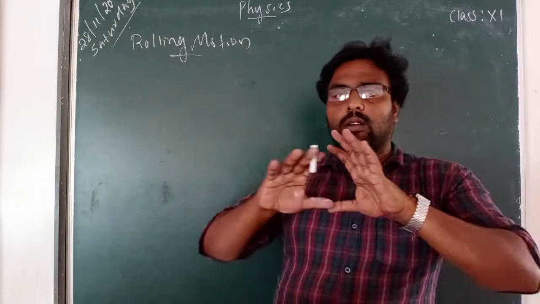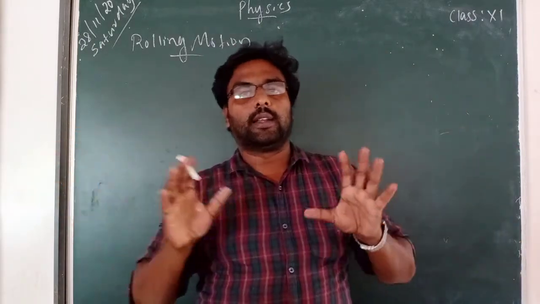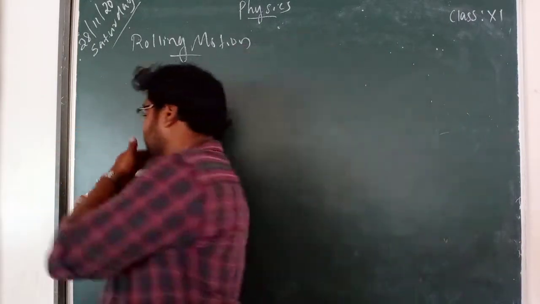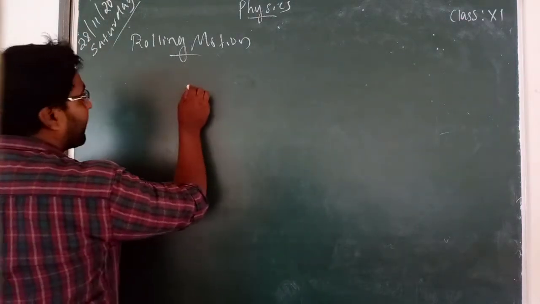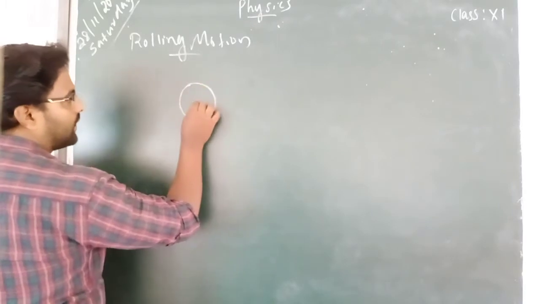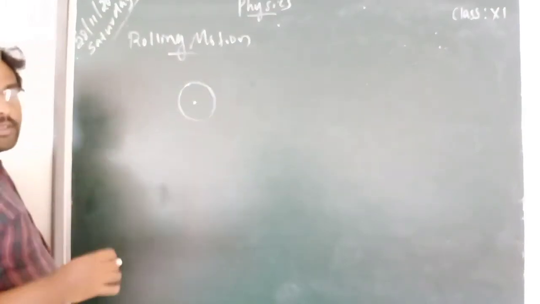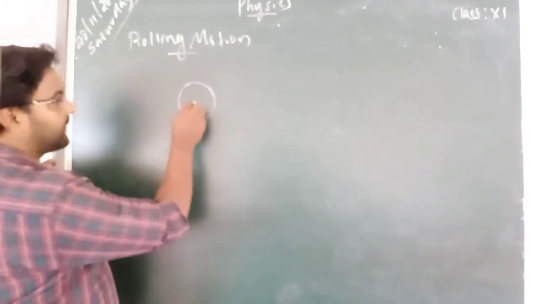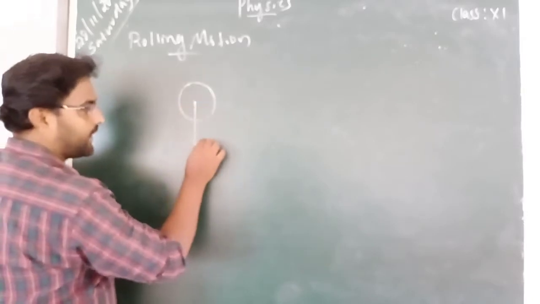Now let us consider one object, okay? A disk, you can consider like this. Assume that one disk is there, and this is the center of mass. Now you can choose a point P any place here.